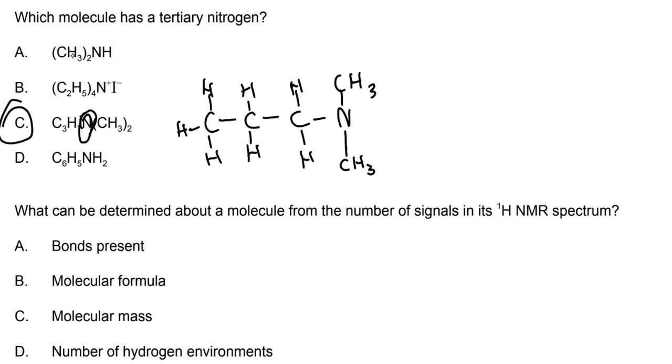But since we have 2 methyl groups, it's not going to be tertiary, it's going to be secondary nitrogen. Here we have this C3H7 group attached to the nitrogen on one side and also 2 methyl groups attached to the nitrogen on the other side. So that's going to be a total of 3 carbon atoms attached to nitrogen. So we're going to have a tertiary nitrogen.